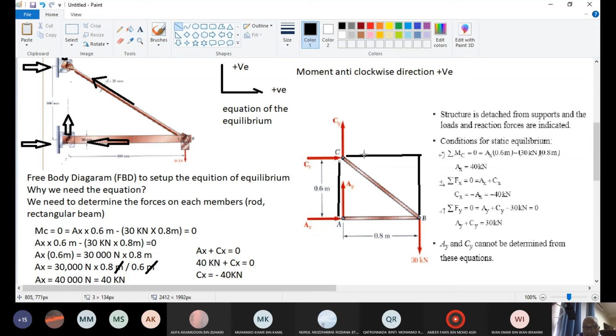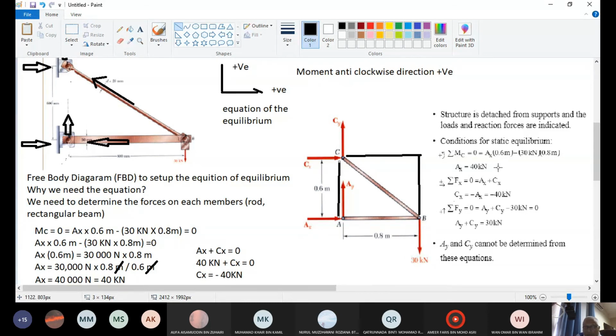But the 30 times 0.8, the direction will be clockwise, is negative. That's why AX times 0.6 minus 30 times 0.8. So here is a positive moment, and here will be a negative moment.